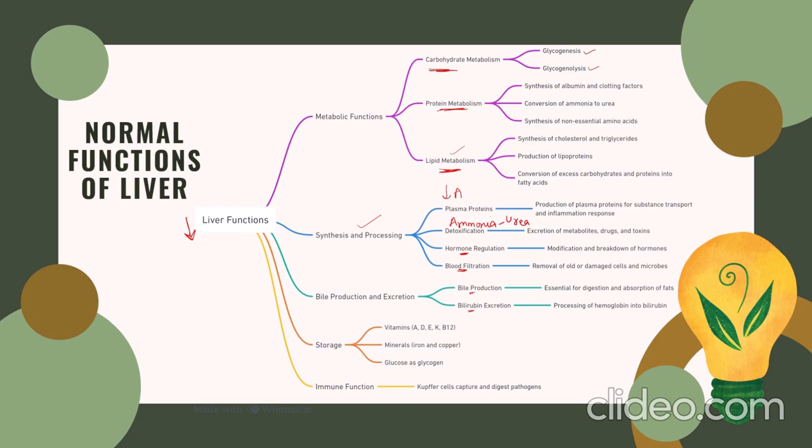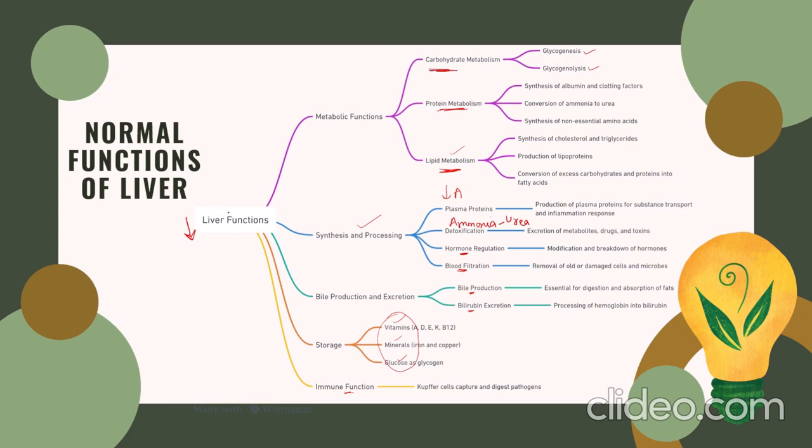So the bile will pool into the blood and cause jaundice. Because of cirrhosis, the storage of vitamins, minerals and glucose is also hampered, and you can develop manifestations of deficiency of these. And of course, the liver also performs immune function, so the patient becomes less immune competent.